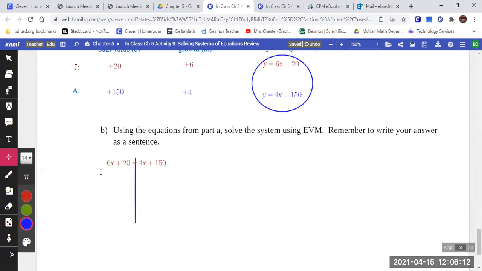I'm going to subtract 4x from either side because I know I have to move the letters first and I have to move the smallest letter. And the smallest letter is a 4x. So I have to do the opposite of positive 4x. So I have to subtract 4x from both sides of the balance, the equal sign.